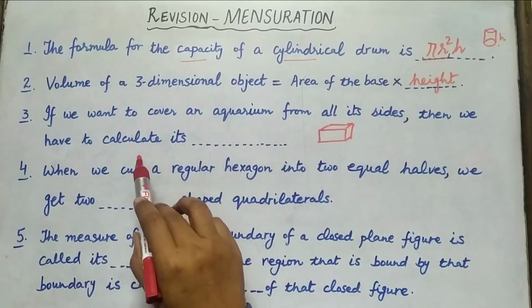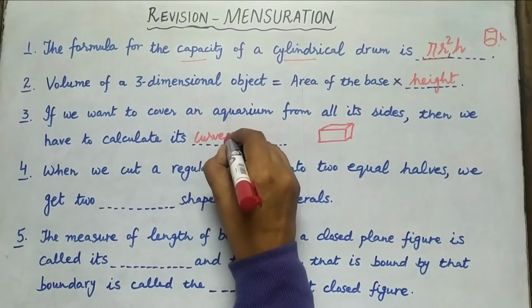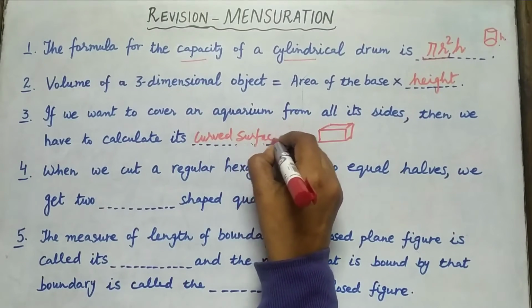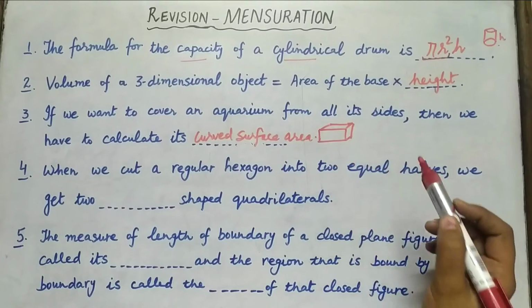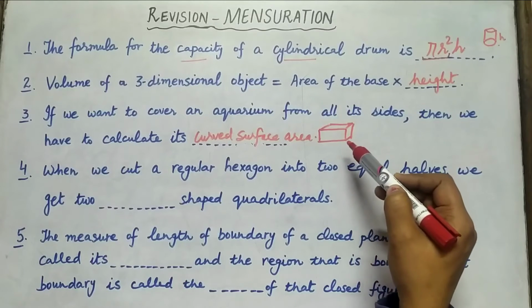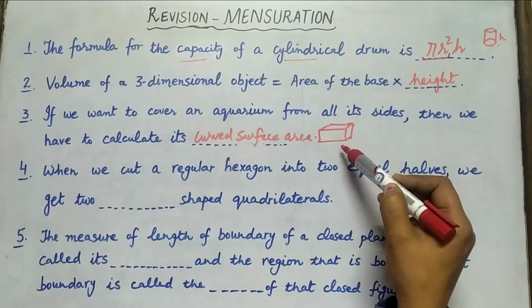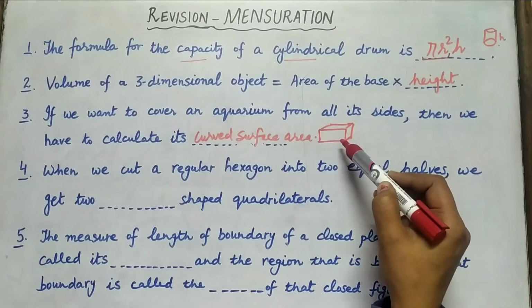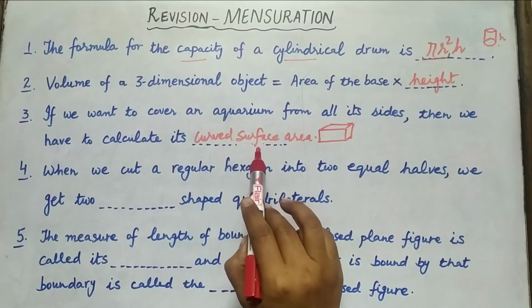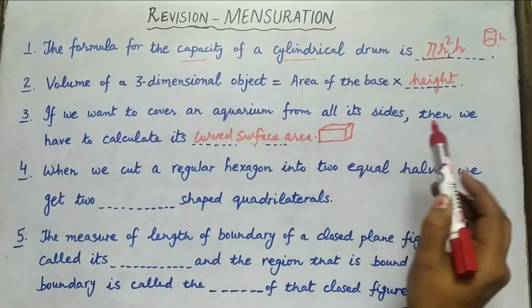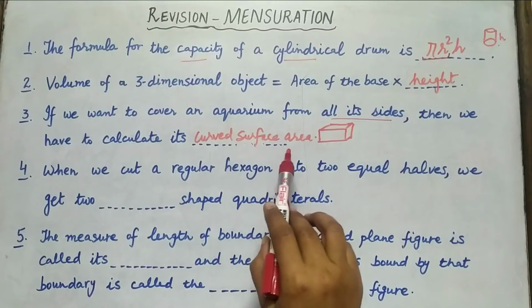It means we have to calculate its curved surface area. Curved surface area is the area of 4 walls only. It is not taking the top and base. When we take all the 6 faces, all the 4 sides plus top and the base, it becomes total surface area. But according to the question, it is to be covered from all its sides. Therefore, we will take only the curved surface area.